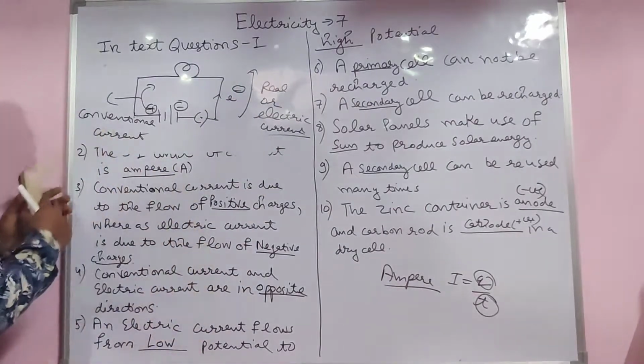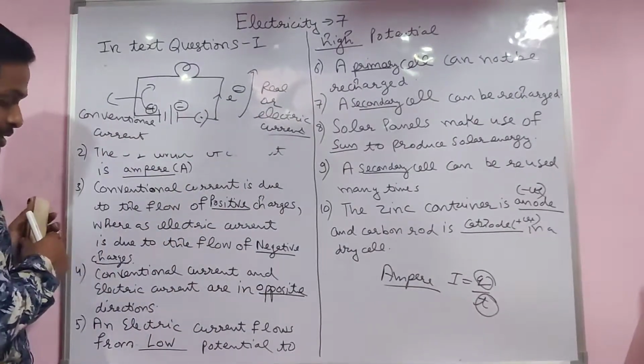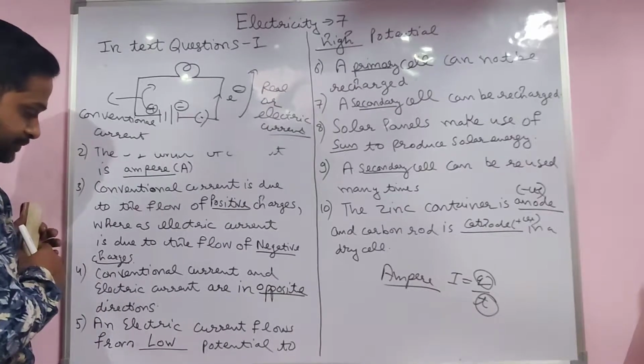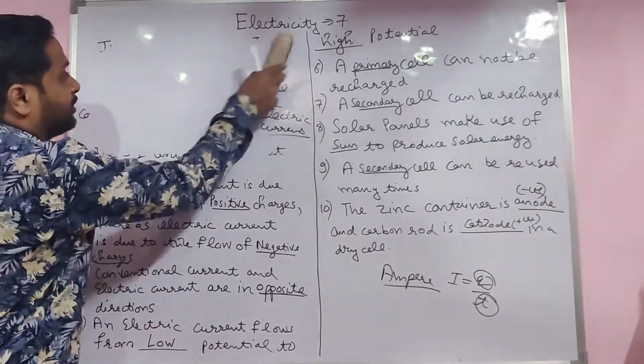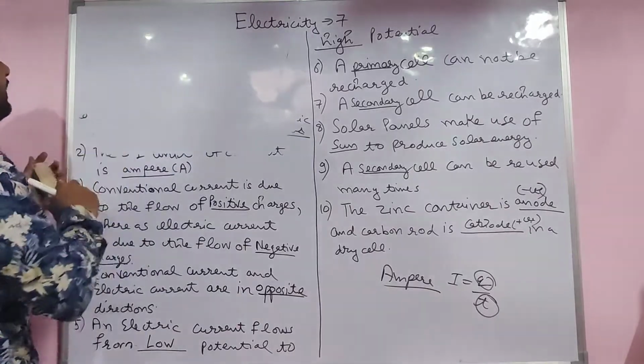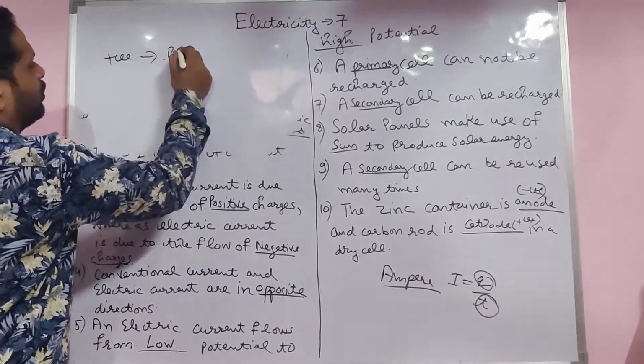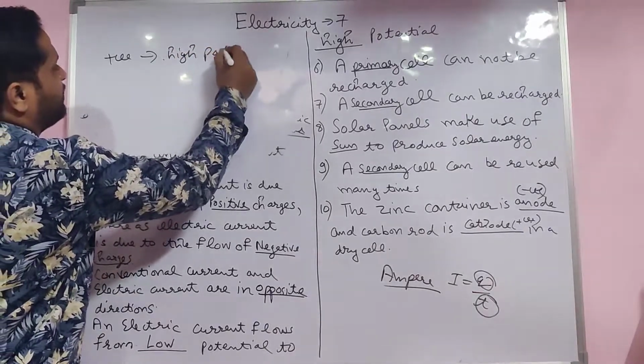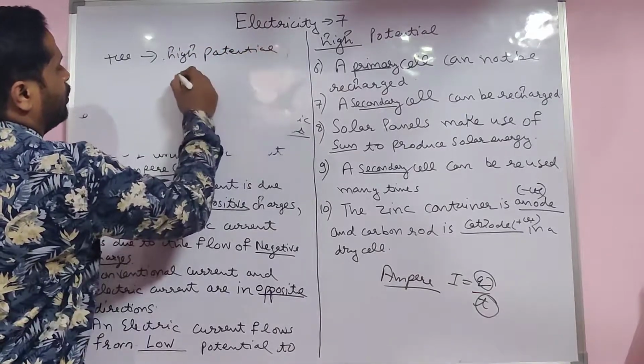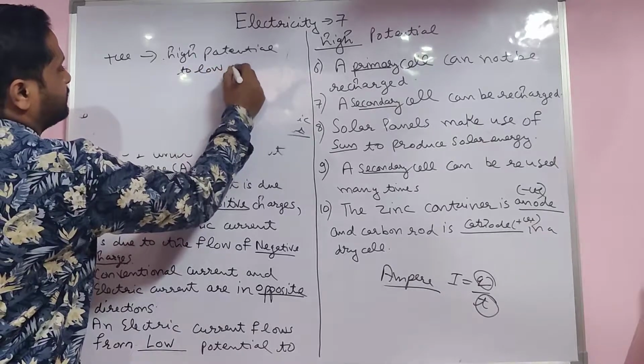Why? See there, keep in mind. Positive charge always flows from high potential to low potential.